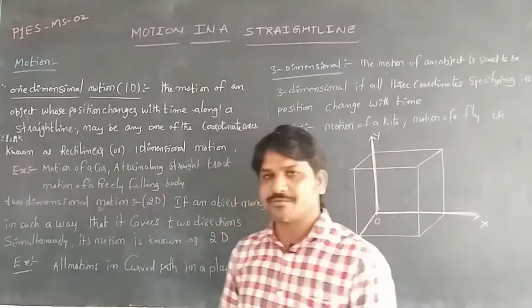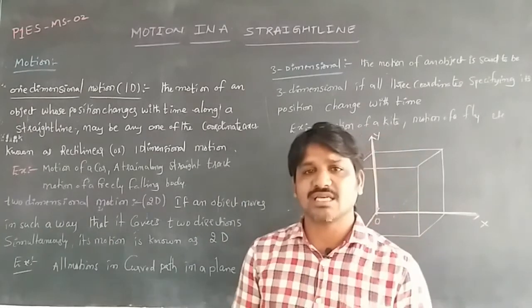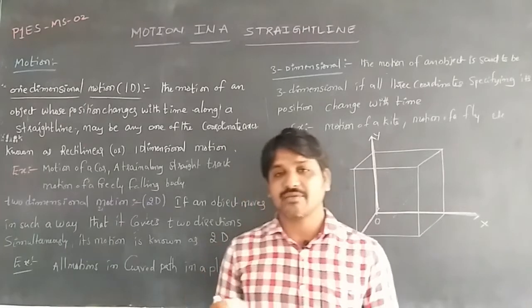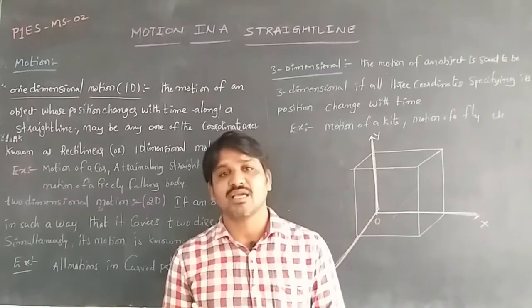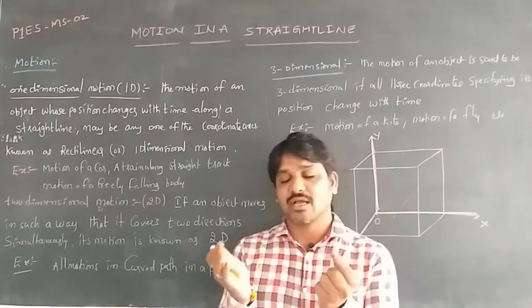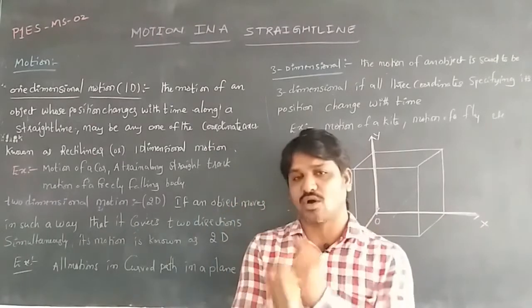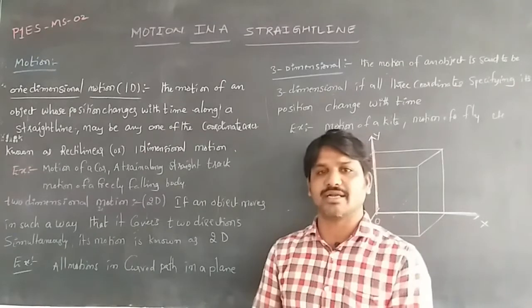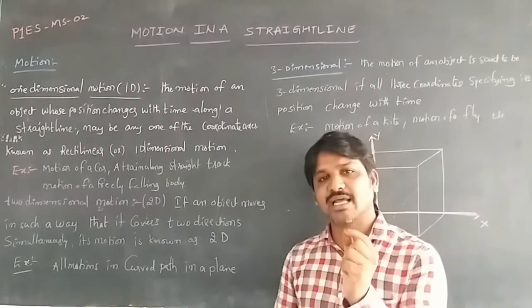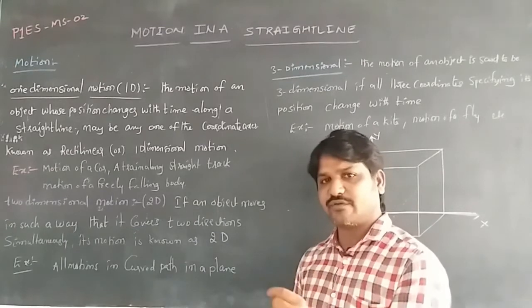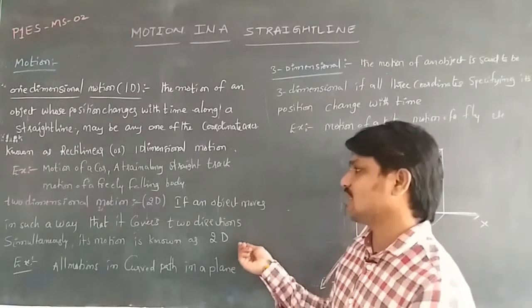If the body is moving in a curved path, where the position can be specified by two coordinates according to the two coordinate axes, and the body is moving in a plane, then all such curved paths are called two-dimensional motion.